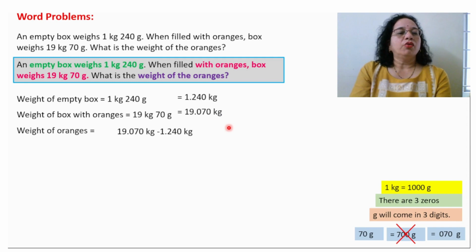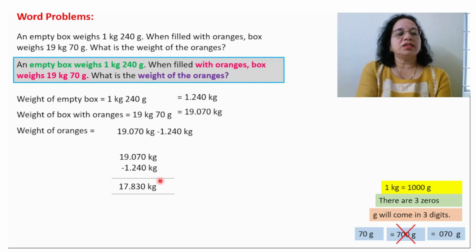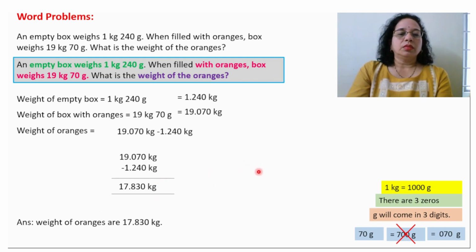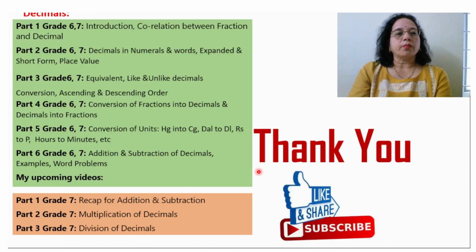And now weight of oranges, how to find out weight of oranges? We need to subtract this. So your answer is there, 17.830 kilogram. And then again write down the answer in a full sentence. This is the proper way of solving word problems.